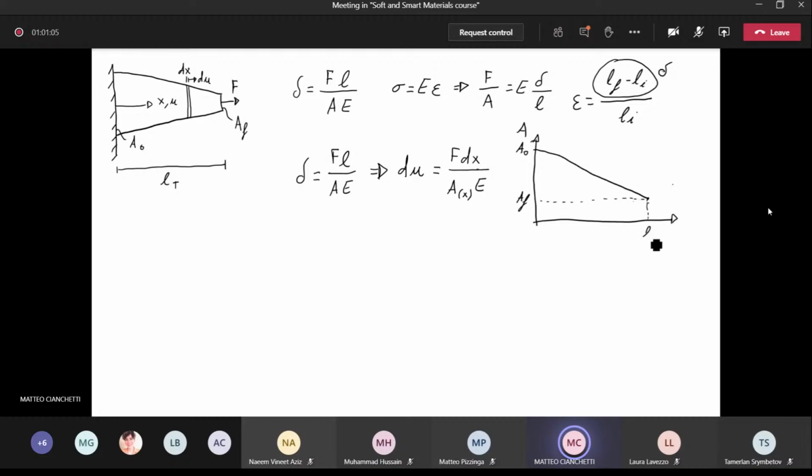Of course, on x equal to LT, that is the length of our tapered bar.